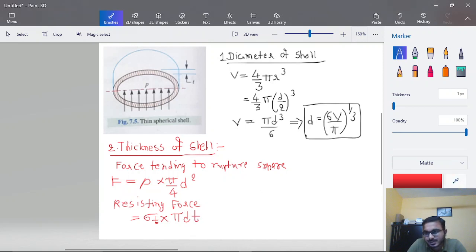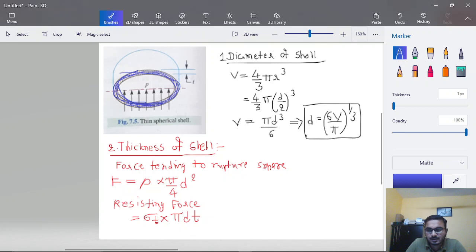Which area is this? Let me show you over here. We are talking about this entire area. Okay, so this will be pi into d into t.